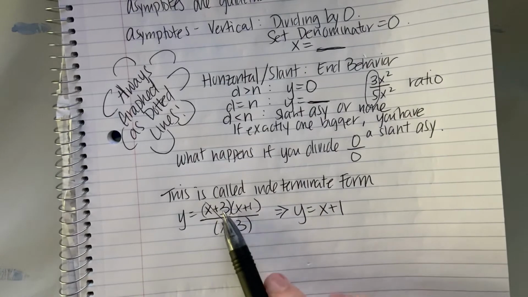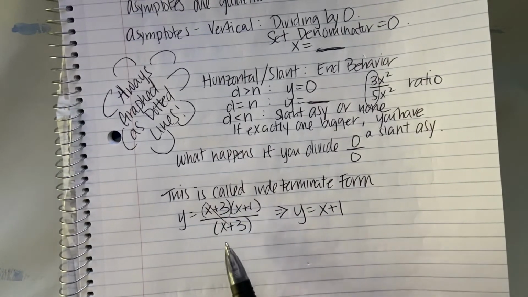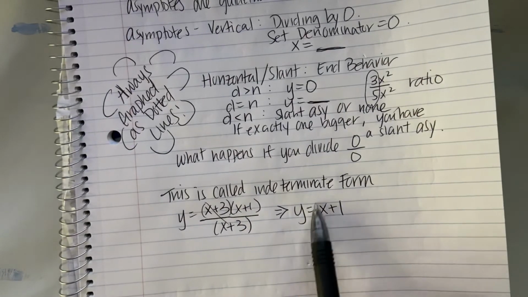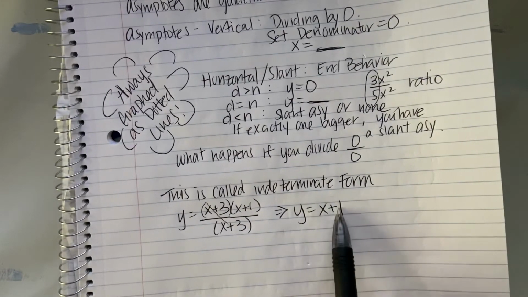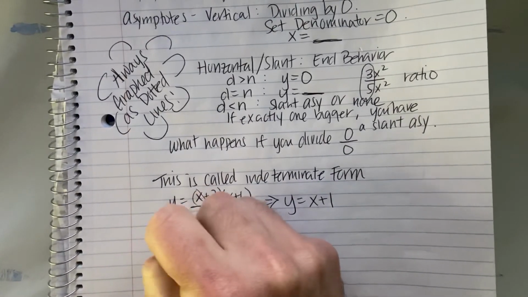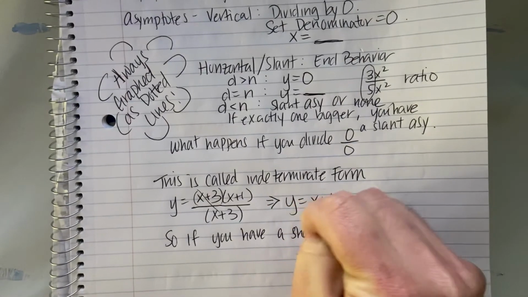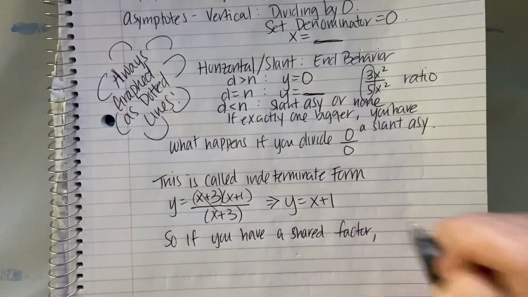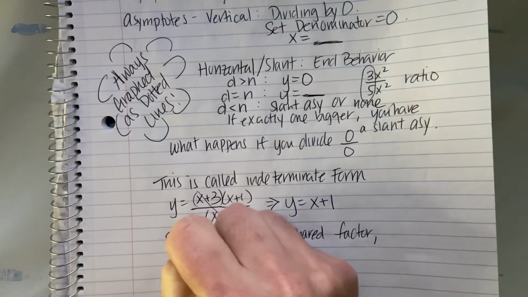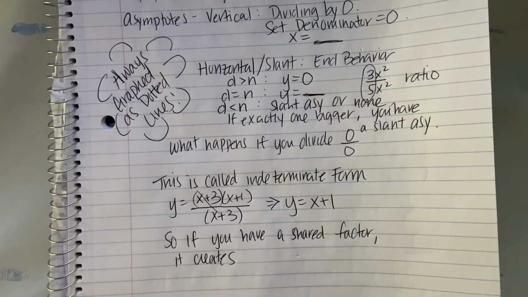Y is not equal to x plus 1 when x is negative 3, because then I would have 0 divided by 0, whereas when I plug in over here, I get negative 3 plus 1 would be negative 2. So when you have 0 divided by 0, so if you have a shared factor, it creates what we call a hole. And a hole is just going to be an open circle on the graph. You don't know what's happening at that point, and you're just going to put an open circle and kind of jump over it and keep going.